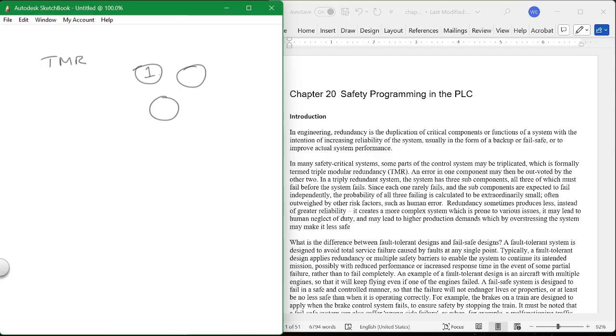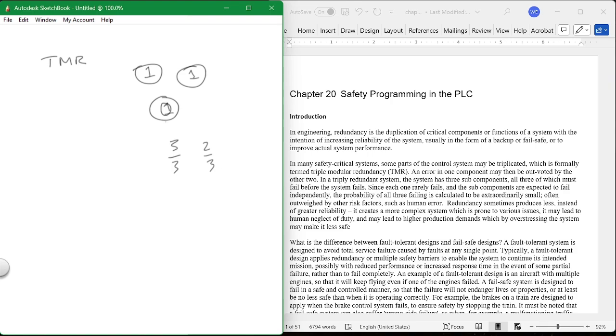If this one says it's a 1, and this one says it's a 1, and this one says it's a 1, you're good. If 2 out of the 3 say it's a 1 and one says it's 0, you can still fly because you have a voter system, and any 3 out of 3 or even any 2 out of 3 will get you to a destination. You can have one failure in a TMR and still go along.